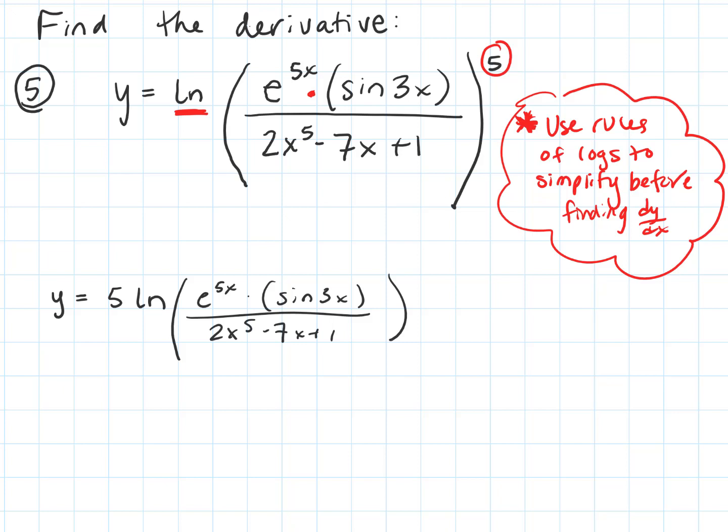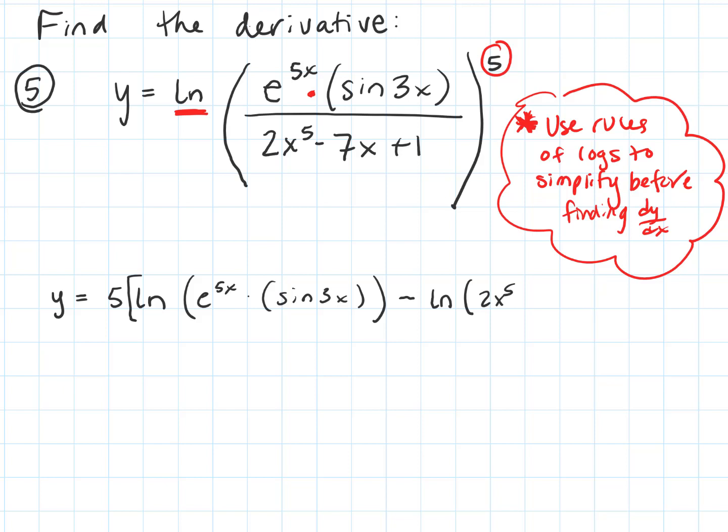But what logarithms also allow me to do is they allow me to break up a quotient into a subtraction. So I'm going to erase that, and I'm going to write, okay, so it's 5 times all of this. It's 5 times the natural log of e to the 5x times the sine of 3x minus the natural log of 2x to the 5th minus 7x plus 1.